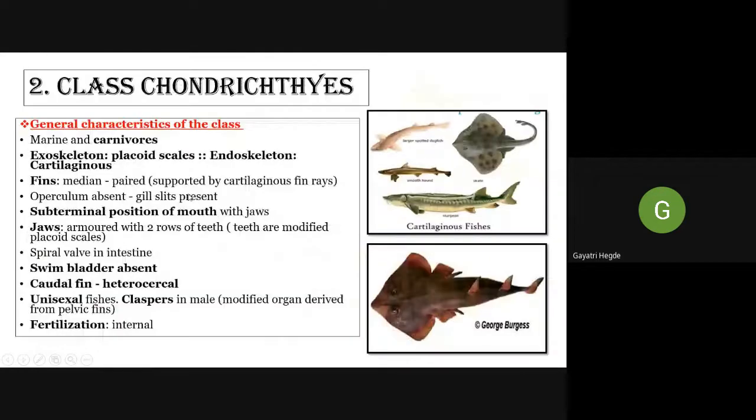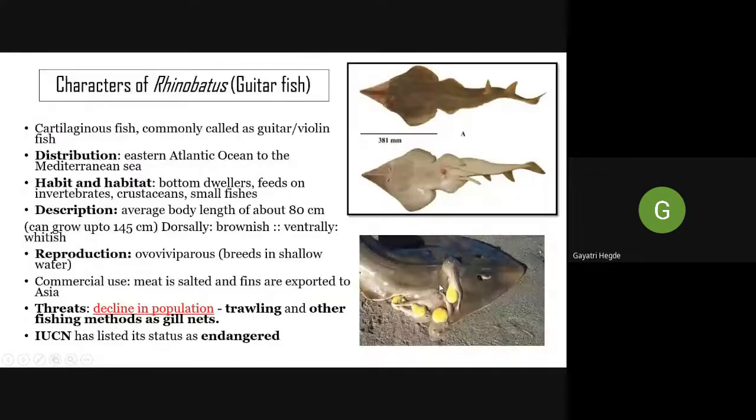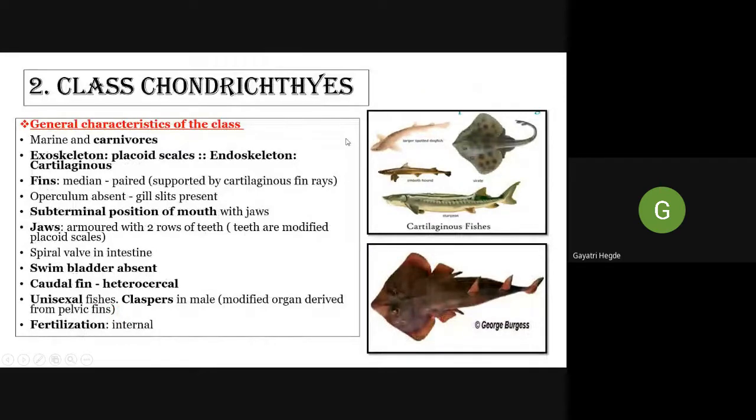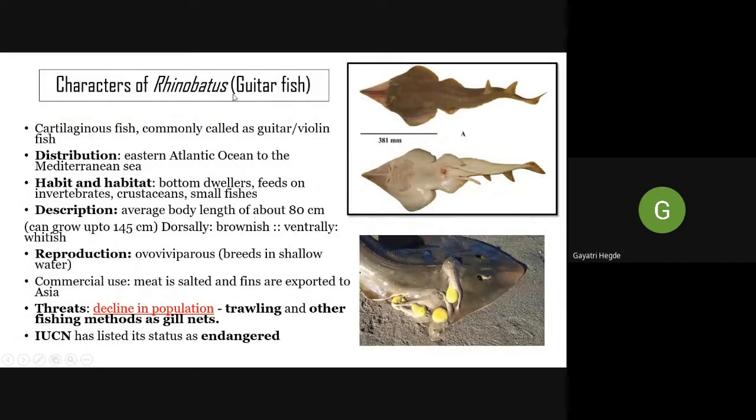Now, as I told, we will be studying the guitar fish, which is Rhinobatus, as the example of class Chondrichthyes. Okay. Now, I have not included the systematic classification of Rhinobatus because it belongs to kingdom Animalia, phylum Chordata. Whatever I have written from the starting slide, everything was covered, so I did not mention it separately.